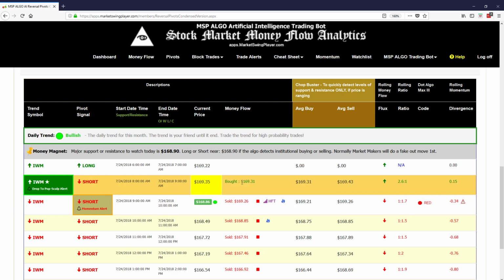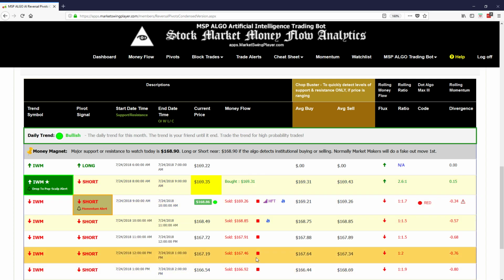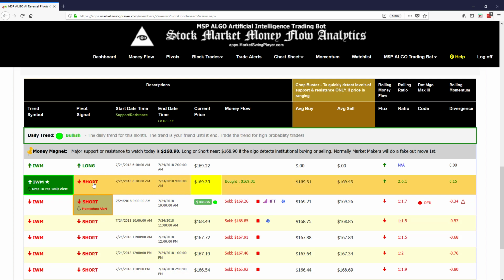So, before market open, I could see a scalp alert here. IWM, I see it says drop to pop scalp alert. And it's only 8 to 9 in the morning. I could see the pivot went to bearish.